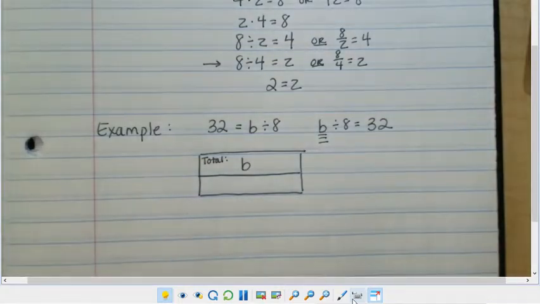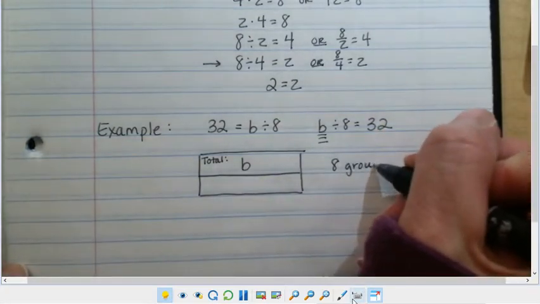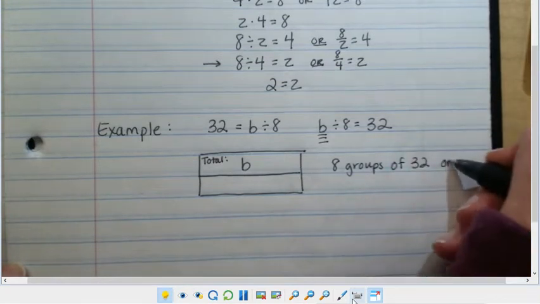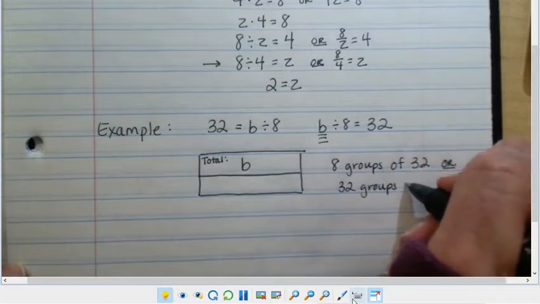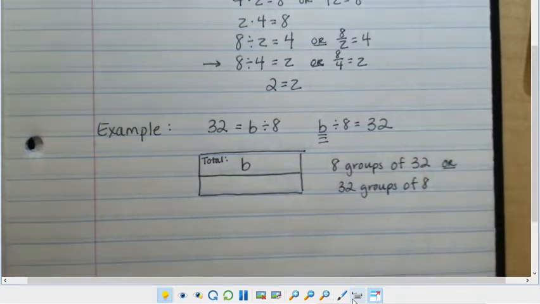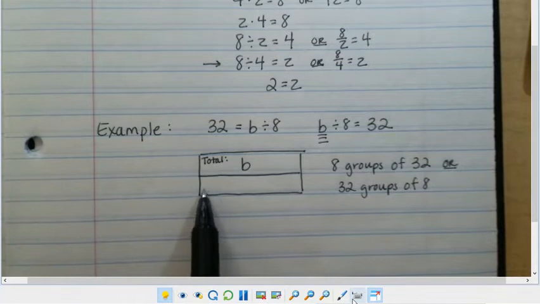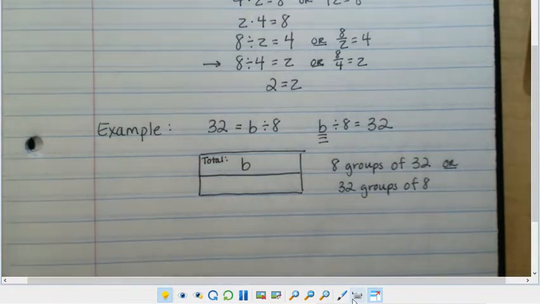So now I can either do 8 groups of 32 or 32 groups of 8. Well, this is where things get a little bit tricky. I can still fit 8 boxes down here. I could also use my each, which means that in each group, there are so many.